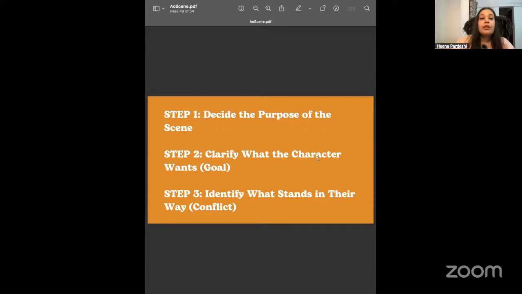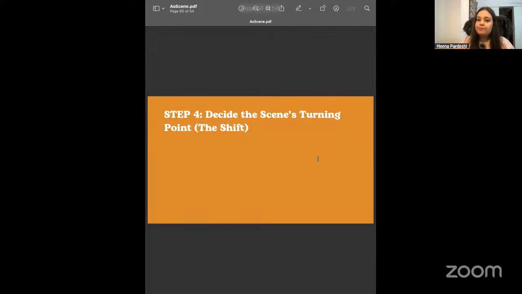Then we move on to step 4. Decide the scene's turning point, or the shift, or the pivot. This is the moment something unexpected happens, the point where the scene pivots. Ask yourself, what is the moment in the scene that changes everything?